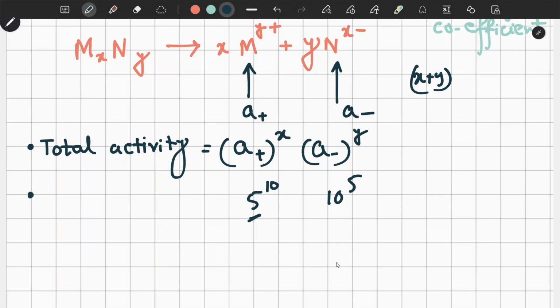Here there are 10 cations with activity of 5. Here there are 5 anions, but you can consider anything else.